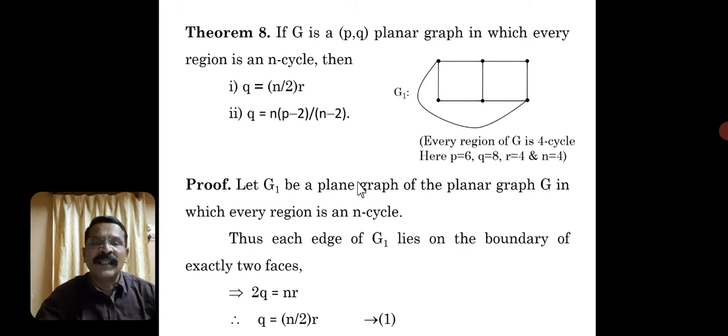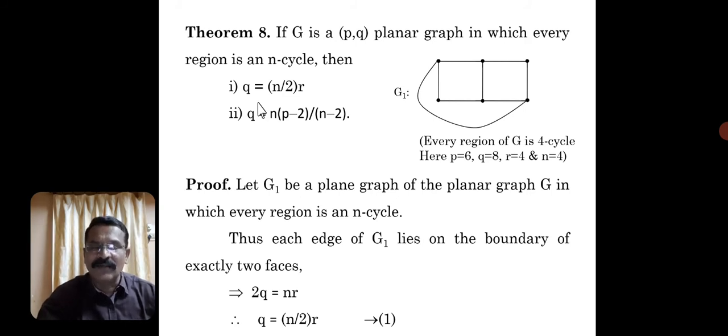What is the statement of the theorem? If G is a planar (p,q) graph, a planar graph with p vertices, q edges, in which every region is an n cycle, then the first result says q, the number of edges in this graph, is n by 2 into r, or you can say nr by 2.